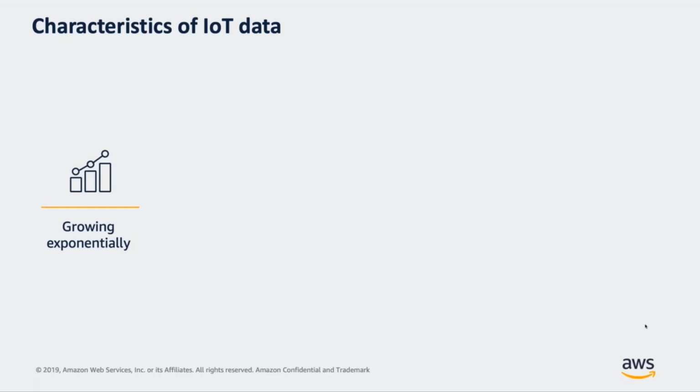The data that is generated by IoT devices is constantly growing because these devices keep sending readings or samples at regular intervals, which results in data growing exponentially. Whenever you deploy a new type of sensor, you are bringing in a new source of this data, and increasingly new sources of data are coming online.